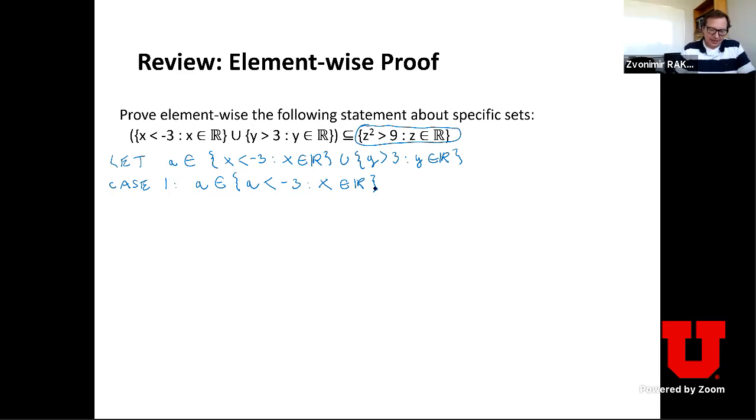Okay, so if A is an element of this set, we know that A is less than -3, and we know that A is an element of R. Somehow now we have to get to this form, z squared is greater than 9, or a squared is greater than 9.